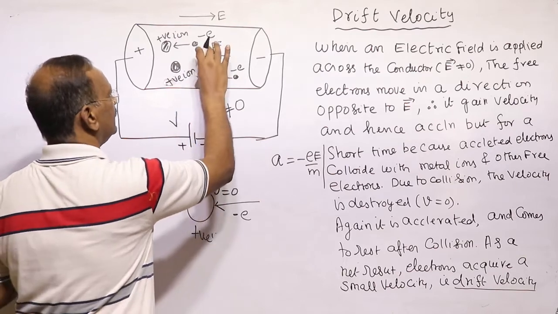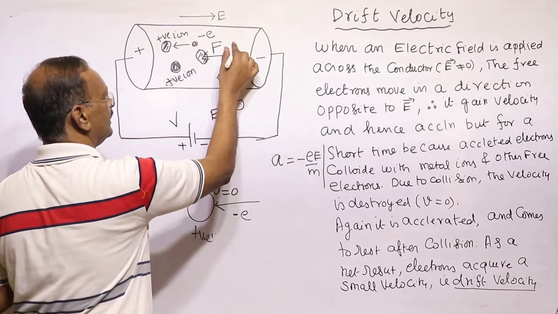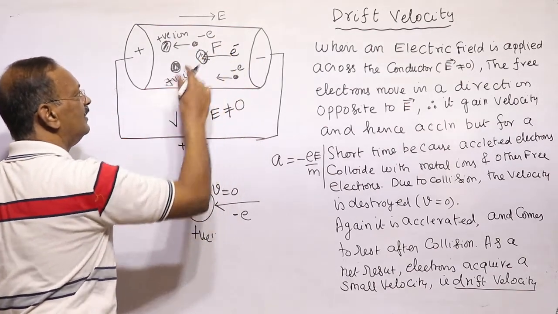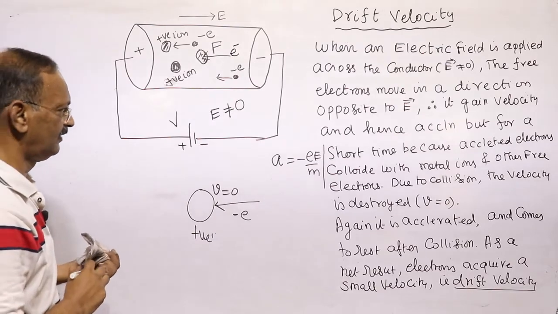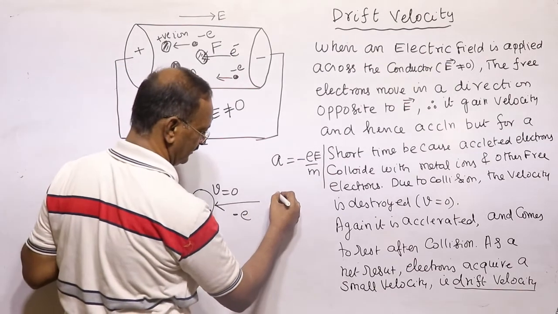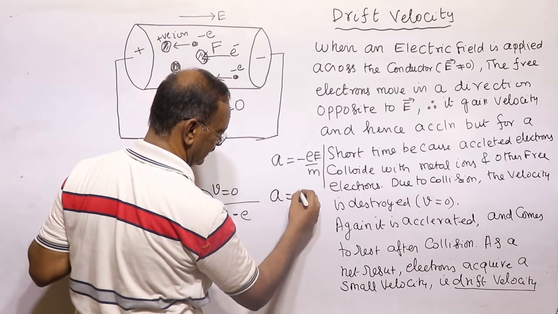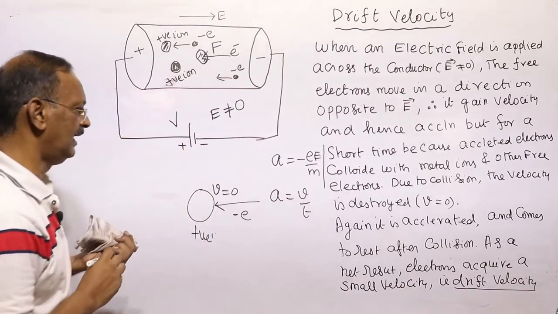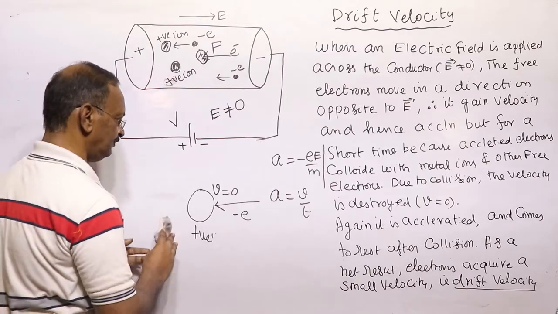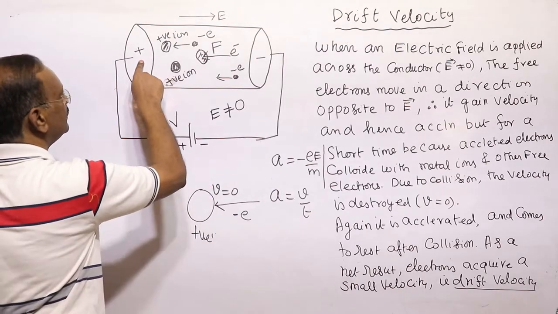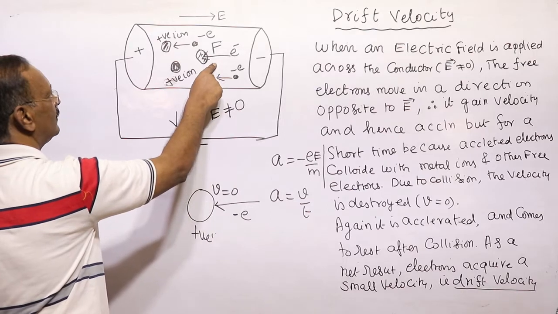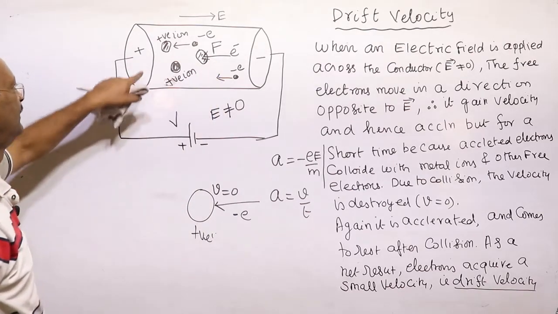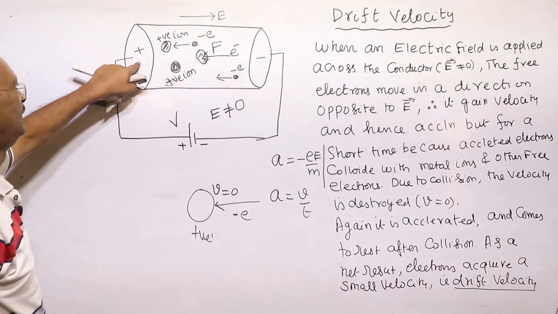When the electron starts from here, velocity is 0 and acceleration is also 0. So when velocity becomes 0, acceleration also becomes 0. Then again this negative free electron is pulled by the positive terminal of the applied electric field.